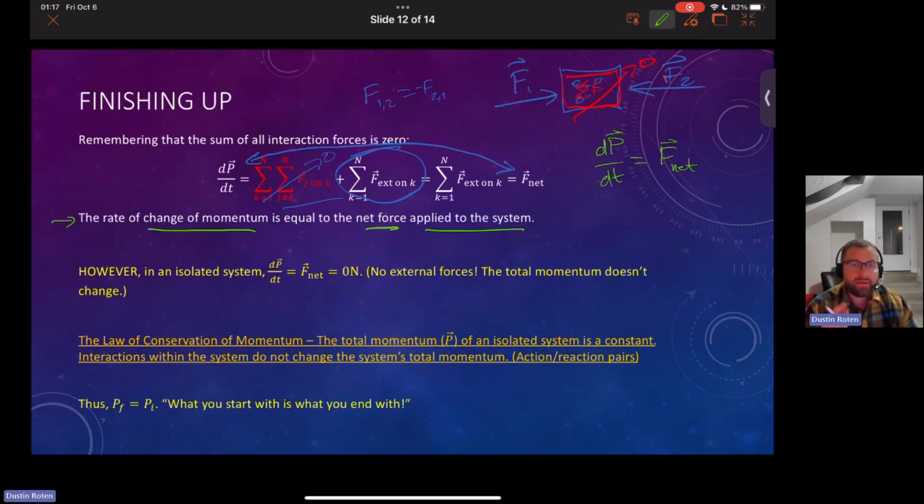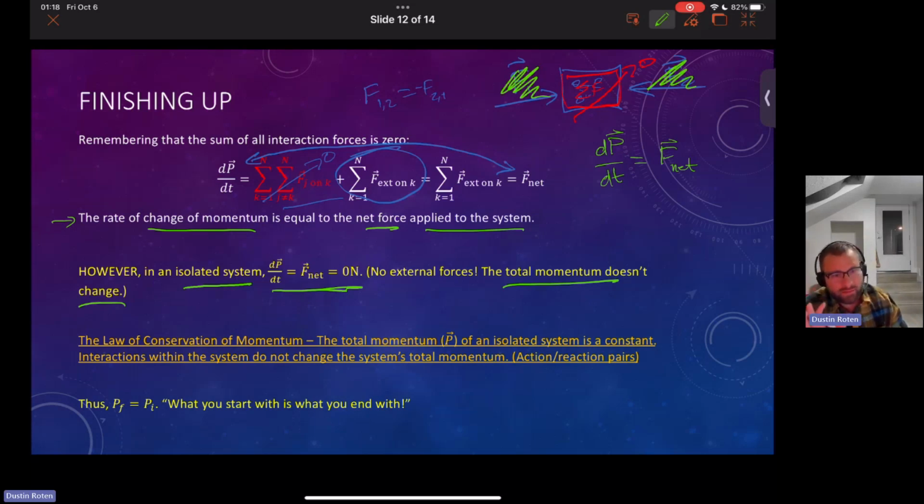However, if we are thinking about an isolated system only, so if we're thinking about the stuff up here in red, in an isolated system, well, the net force is 0 on an isolated system, right? So that means this F1 would go away. That means the F2 would go away in an isolated system. In that situation, dp dt is 0, and the total momentum doesn't change.